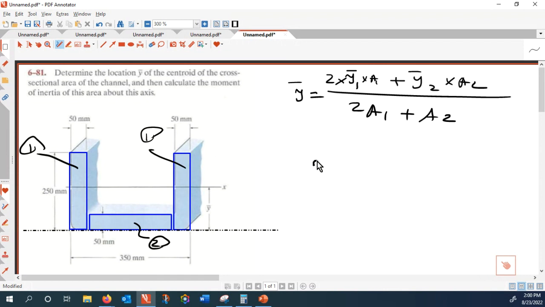Okay, so that makes 2 times, yeah, the centroid of this shape is 125, and the area of each is 250 times 50, plus, for the second area, what is the centroid of this one? The thickness is 50, so the centroid is 25, and the area is 50 times 350 take away 100, that is 250.